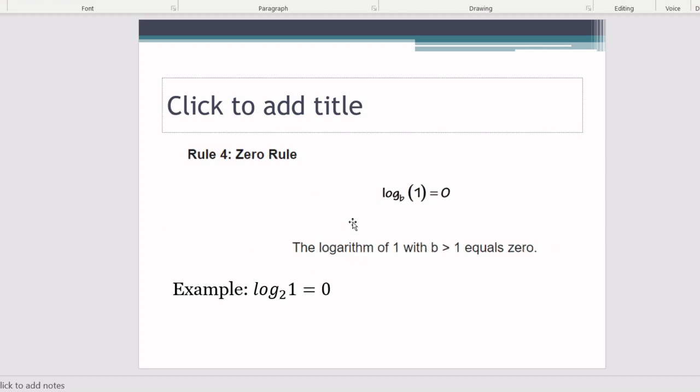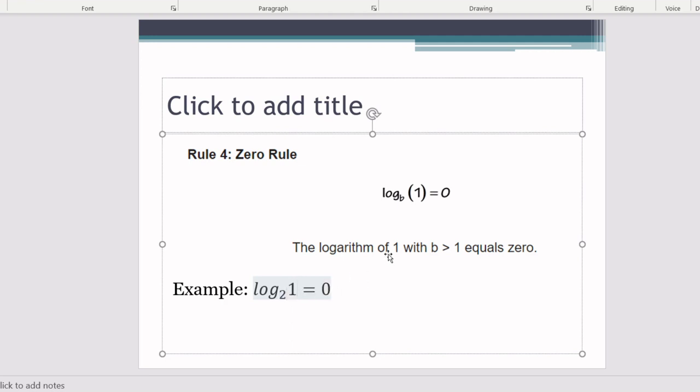For the zero rule, the logarithm of 1 with b greater than 1 equals 0. So for example, if your base is 2, your base should be greater than 1, so 2, 3, 4, 5 onwards.